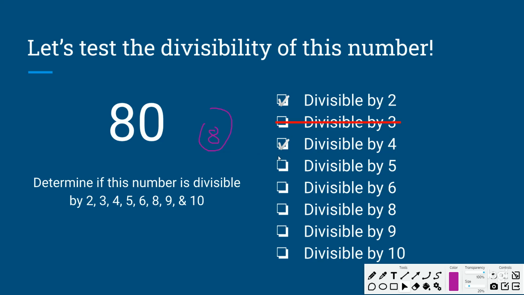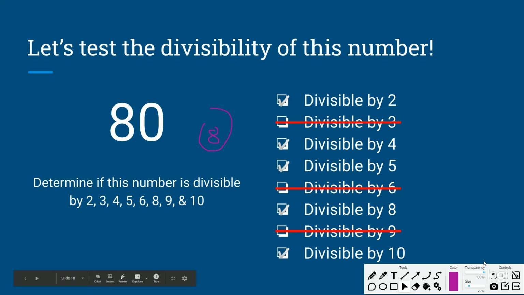Well, it ends in a 0, so yes. Does it meet the criteria for both 2 and 3? No. Is 80 divisible by 8? Yes. 80 divided by 8 is 10. Is it divisible by 9? Can I take 8 and divide it by 9? No, I cannot. And then does it end in a 0? Yes, it does. So for 80, it is divisible by 2, 4, 5, 8, and 10.